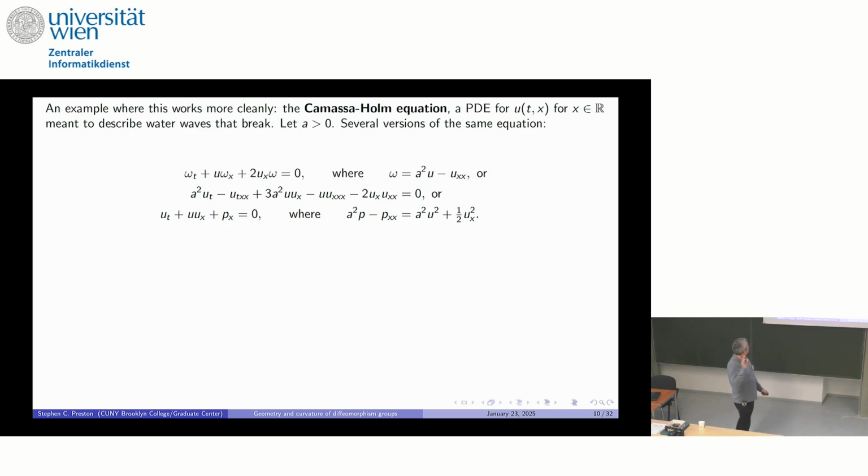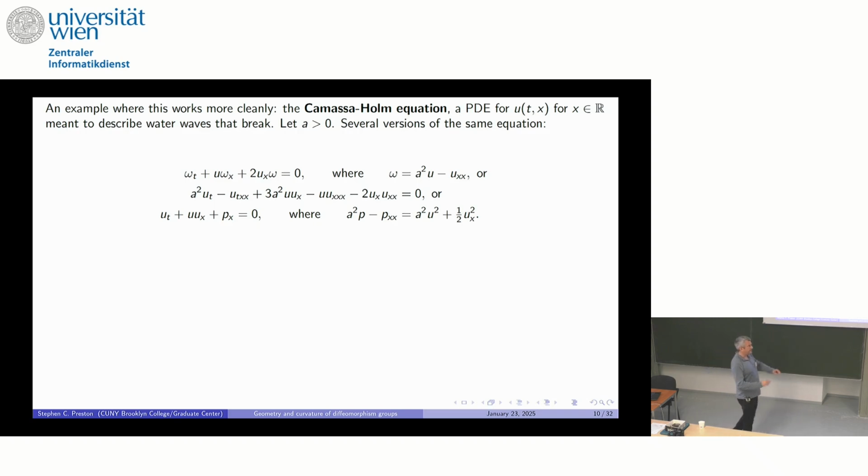But like I said, this doesn't really work in the sense of inverting differential operators to stay in the space of continuous functions. I'm going to do a neater, cleaner example that works well in one dimension, so you can see how this is ideally supposed to work. This is the Camassa-Holm equation written in 3 different ways.